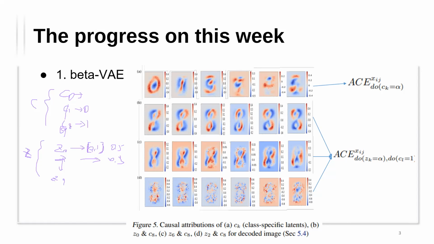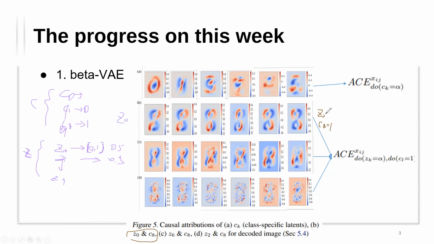Okay. So let's come back to the previous statement saying that we don't know what C0 is. In row B, they set CA to be 1, so it's digit 8.